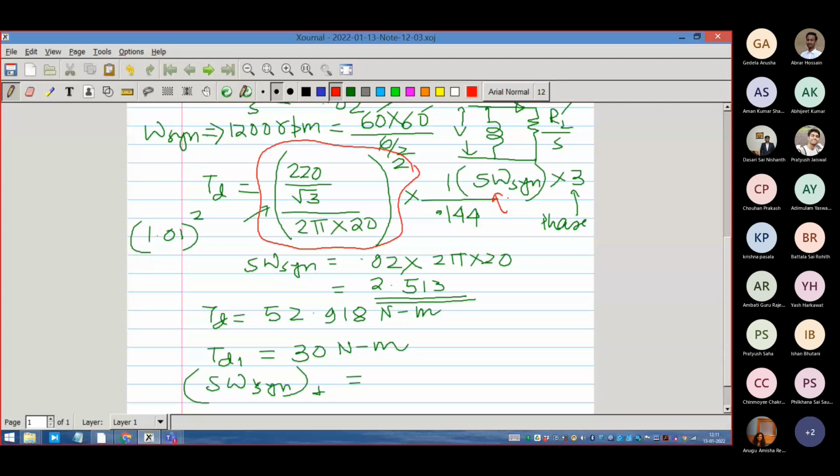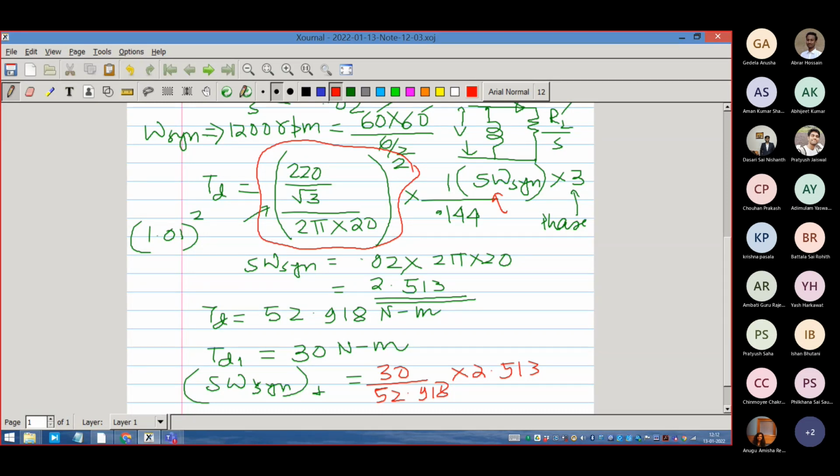So what will be the S omega sin now? You can see that it is a linear equation. It is proportional. So it will be 30 divided by 52.918, into 2.513, that is 30 into 2.513 divided by 52.918.